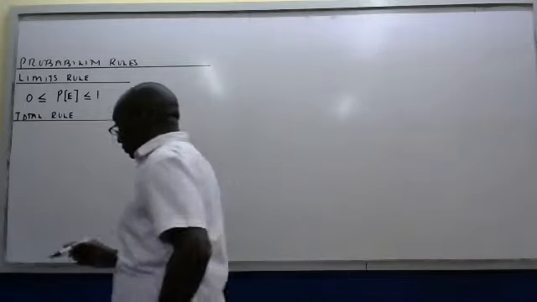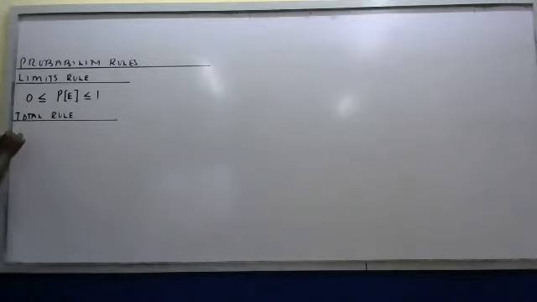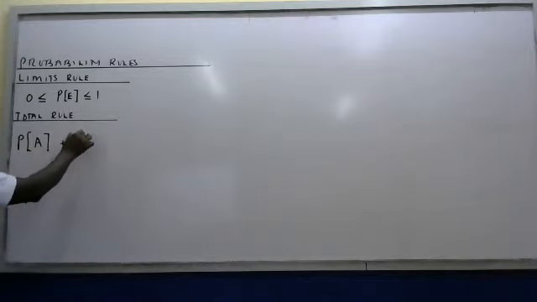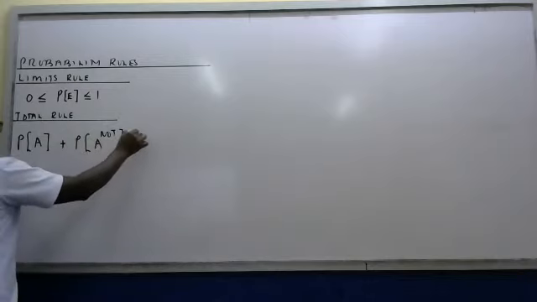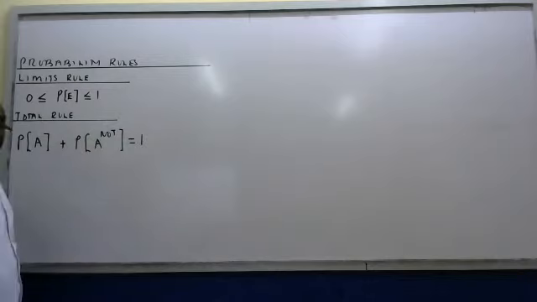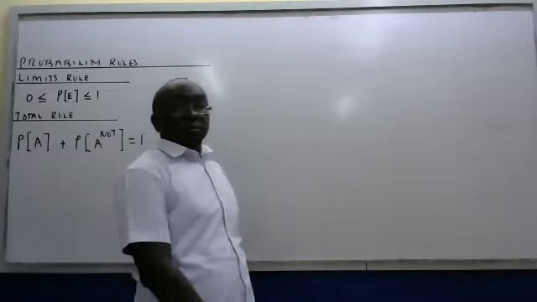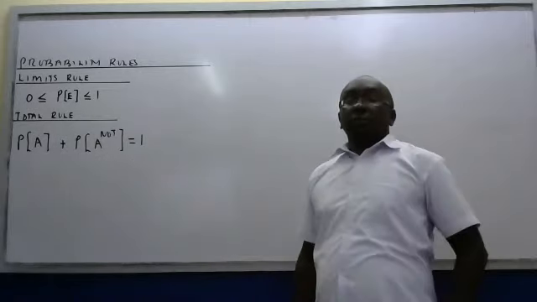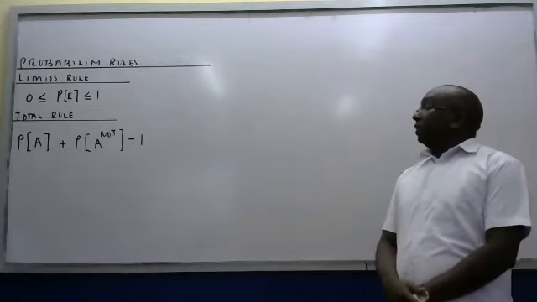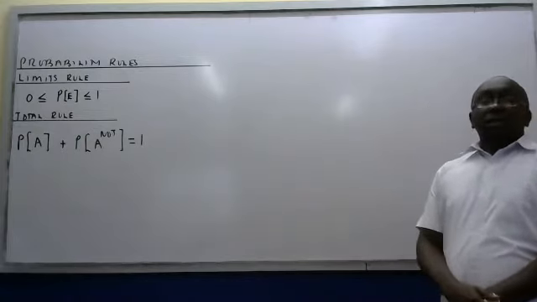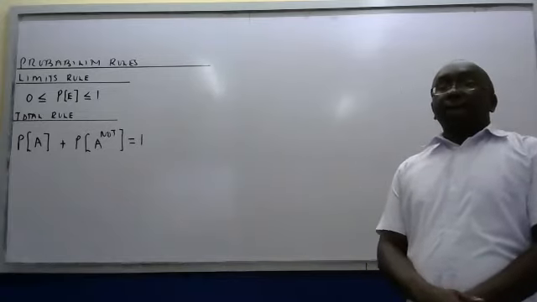That is, probability of A plus probability of A naught should be equal to 1.